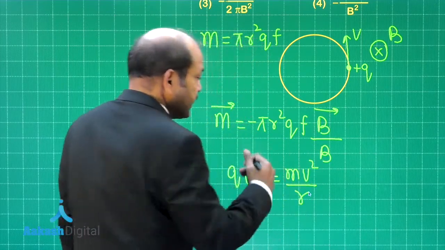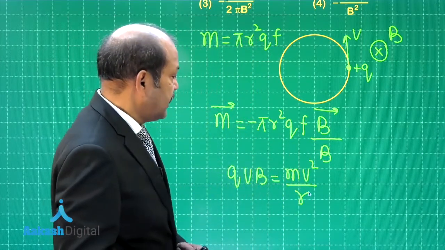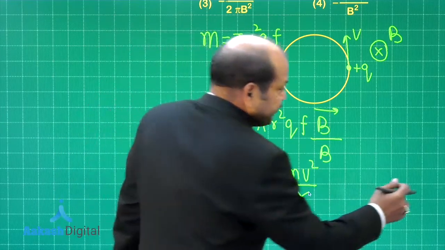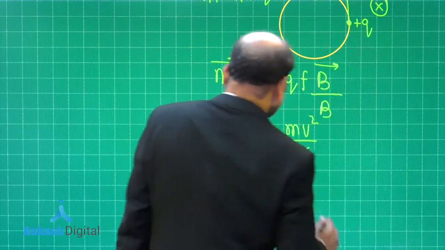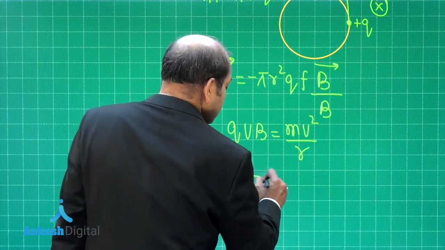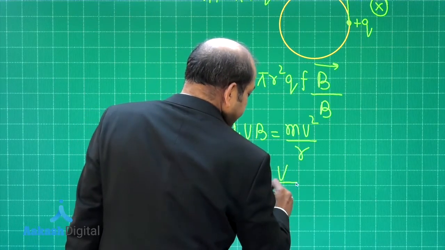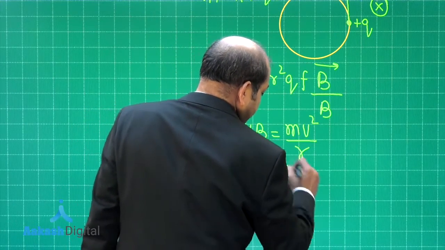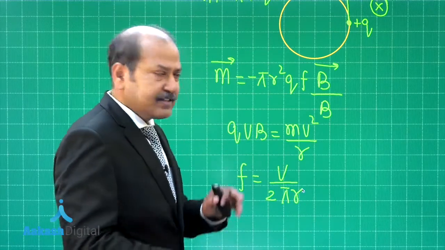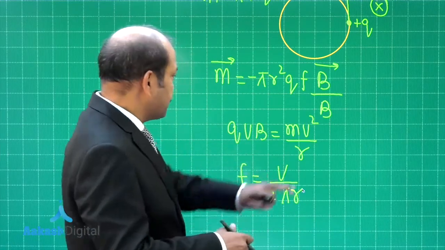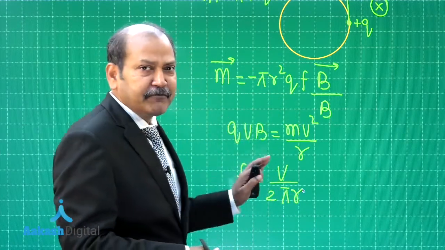So we have one equation here, and the expression for frequency is f equals v divided by 2 pi r. Now it's just a manipulation of the three equations that we have got.